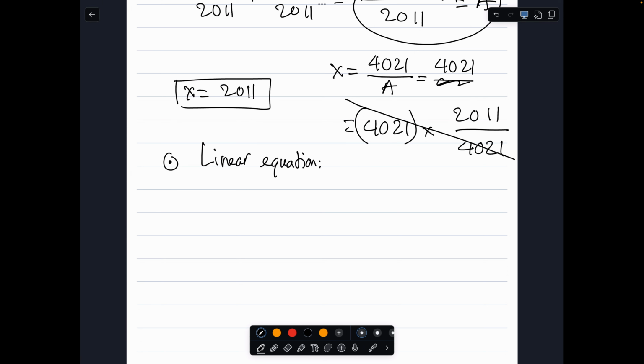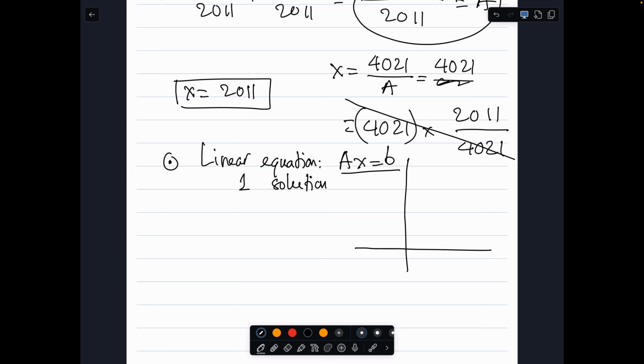Okay, so it has this form, and a linear equation has only one solution, right?